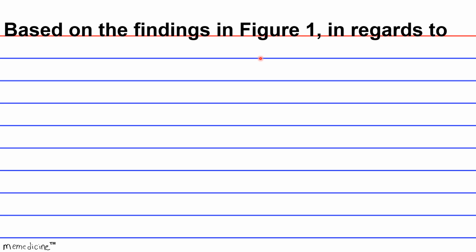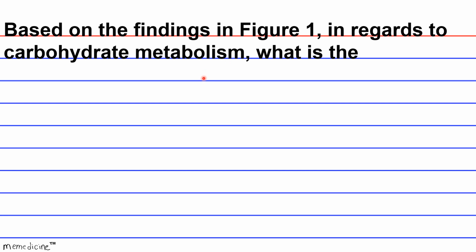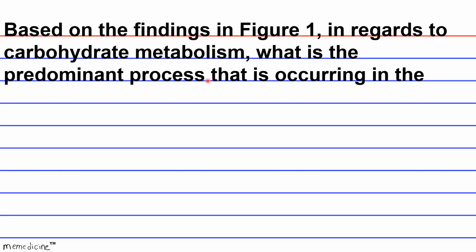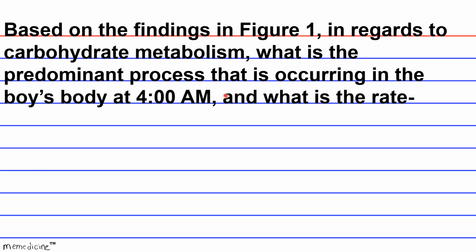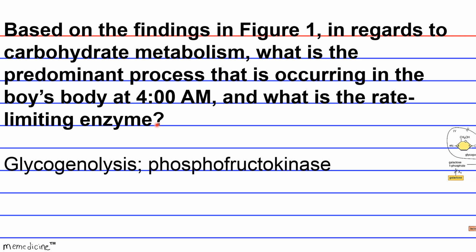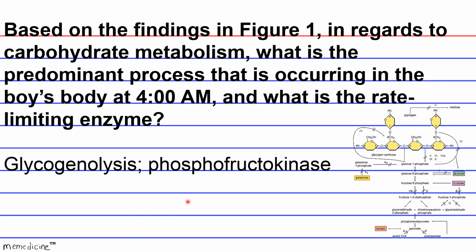So based on the findings of Figure 1, in regards to carbohydrate metabolism, what is the predominant process that is occurring in the boy's body at 4 a.m.? And what is the rate-limiting enzyme? So we have these pairings. A, glycogenolysis and phosphofructokinase.